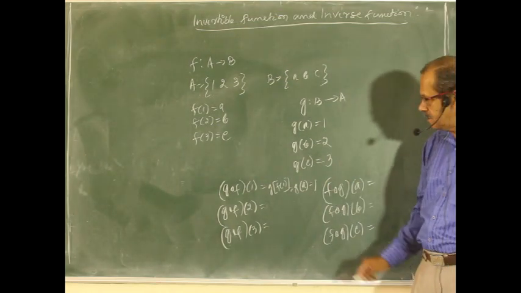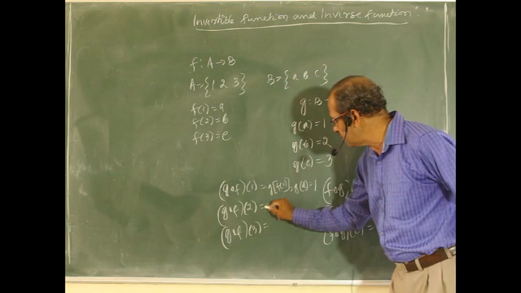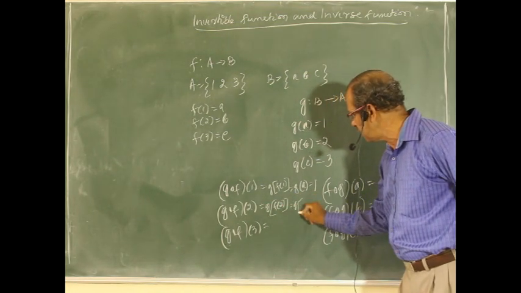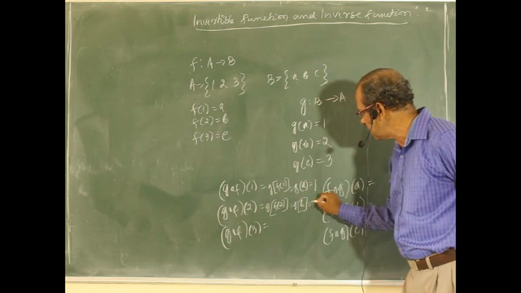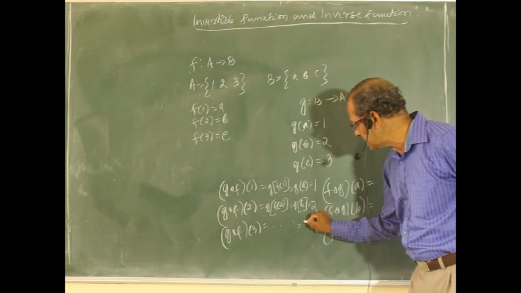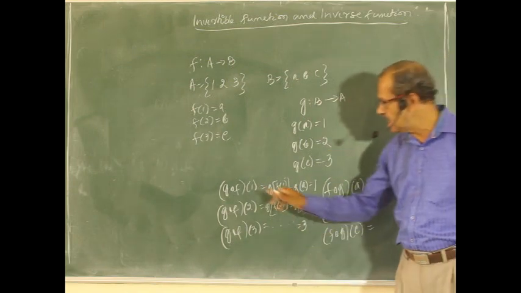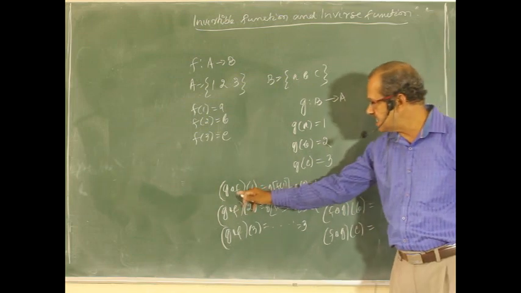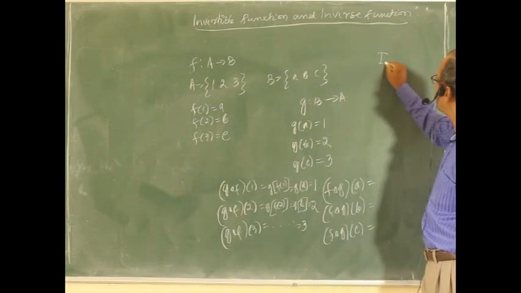Identity property. G composite f of 2: f of 2 is b, but g of b is 2. Similarly, this one, you get 3. That means g composite f is the identity mapping. This one is identity and denoted by IA.